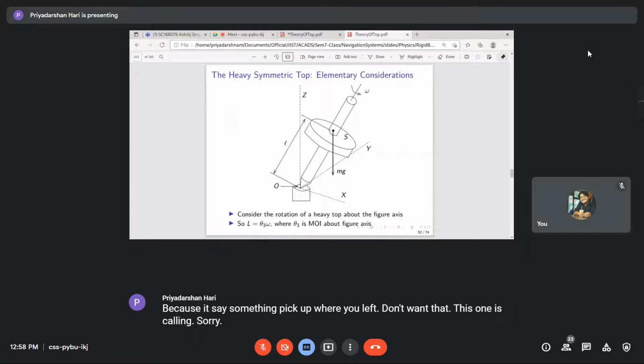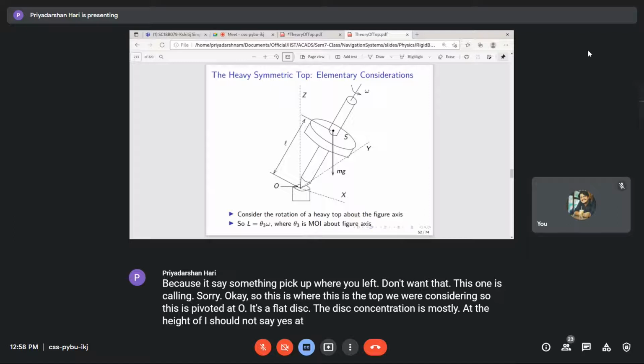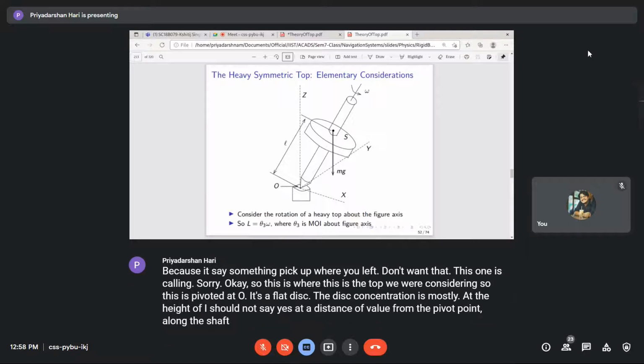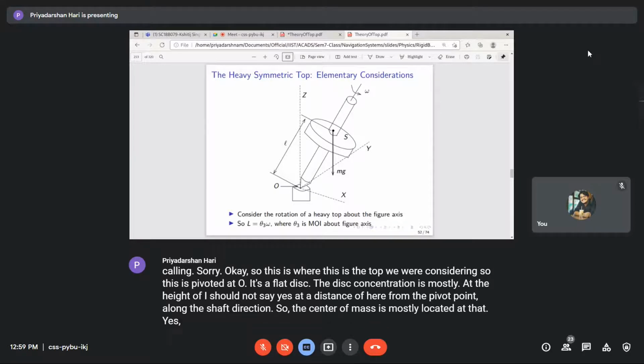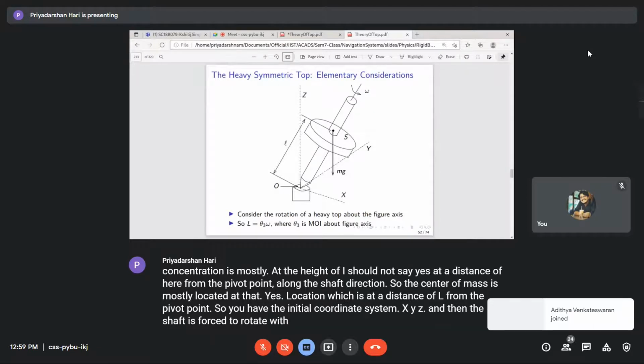Okay, so this is the top we were considering. It is pivoted at O. It is a flat disk. The disk concentration is mostly at a distance of L from the pivot point along the shaft direction. So the center of mass is mostly located at that location, at a distance of L from the pivot point. So you have the inertial coordinate system X, Y, Z, and then the shaft is forced to rotate with an angular velocity omega.